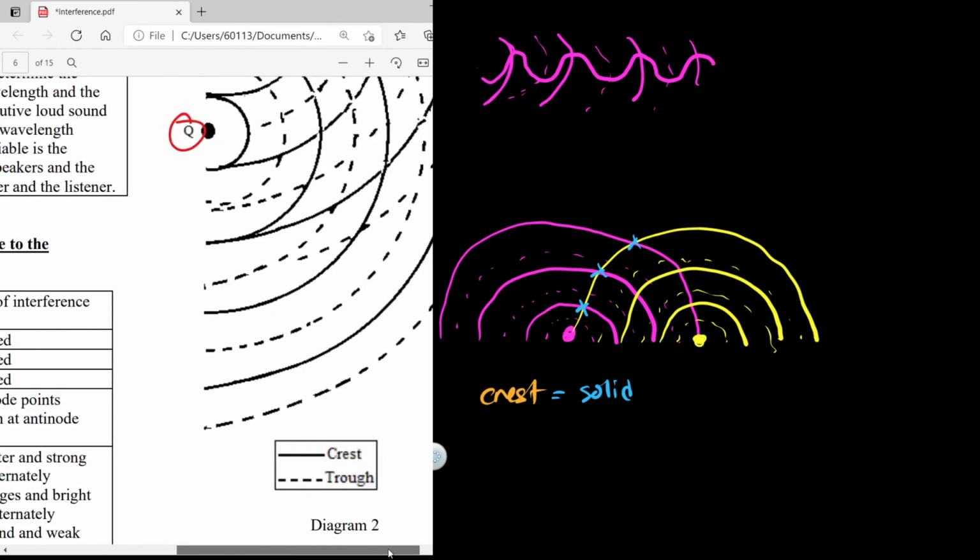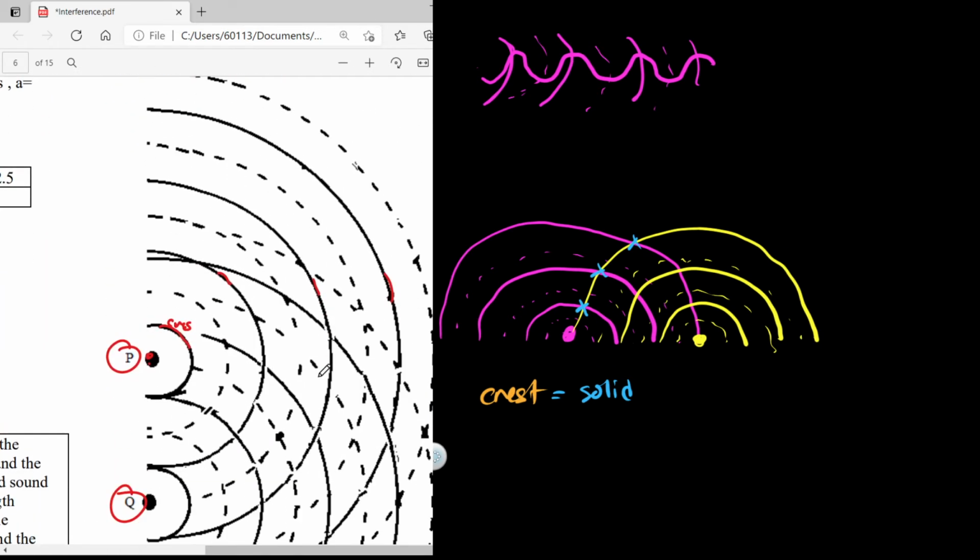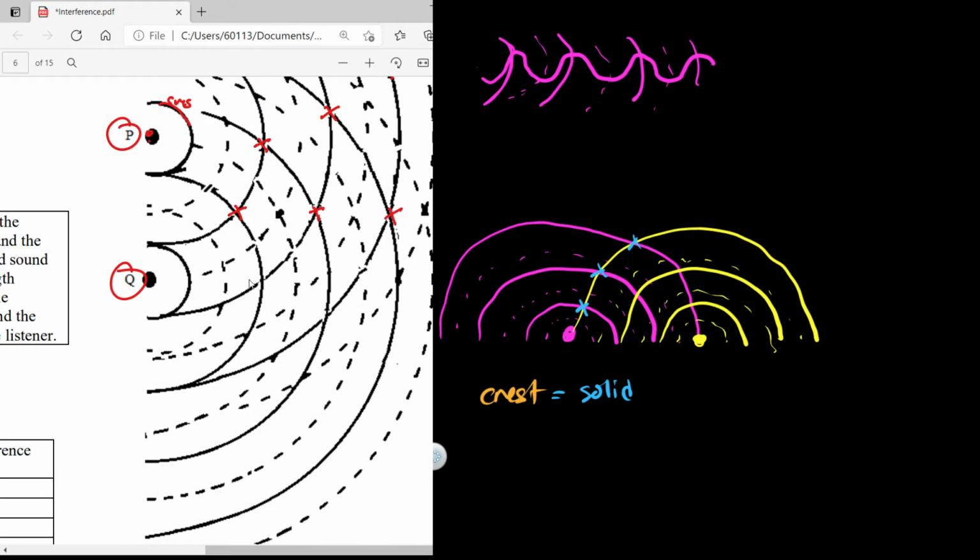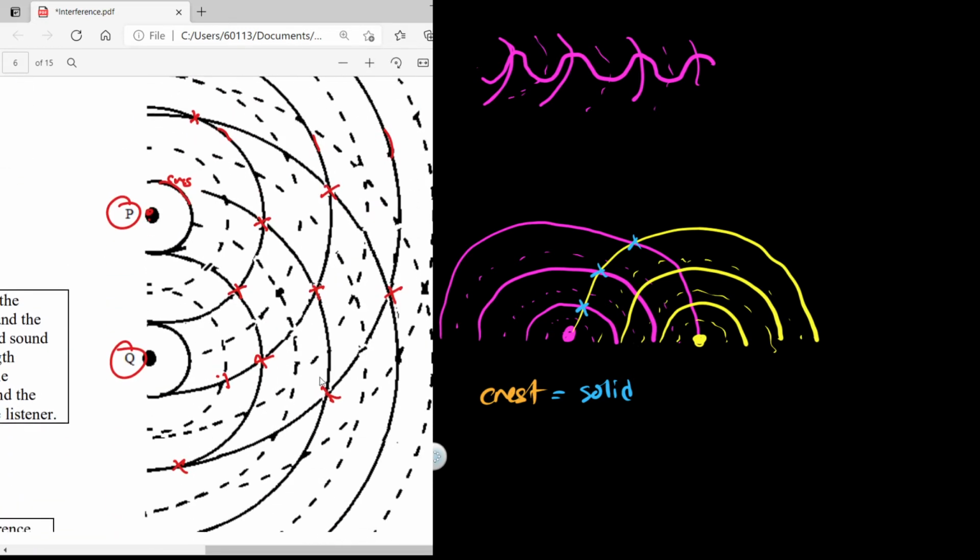If we try to do it in the diagram given here, we have X, crest meeting crest, and then where is another X? So here solid meeting solid line, X. This one solid, and this one solid, solid and solid. And this one solid and dotted, so this is not a cross. Do you have other crosses?